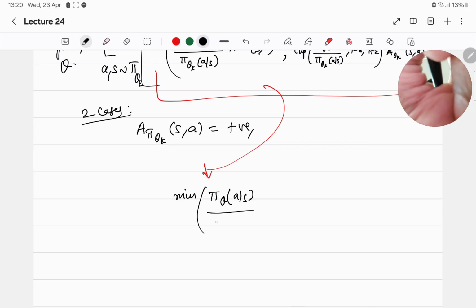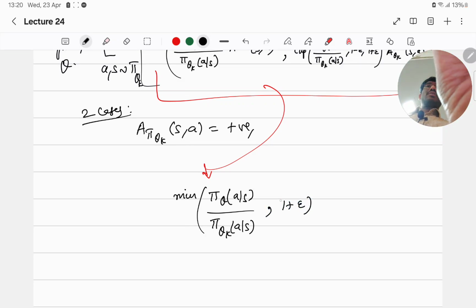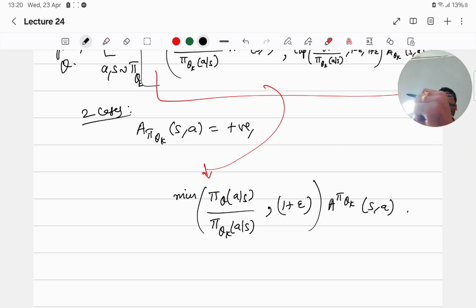That's what I am trying to say. So I am just trying to say that it is equivalent to maximize this quantity if A theta k of s comma a is positive.